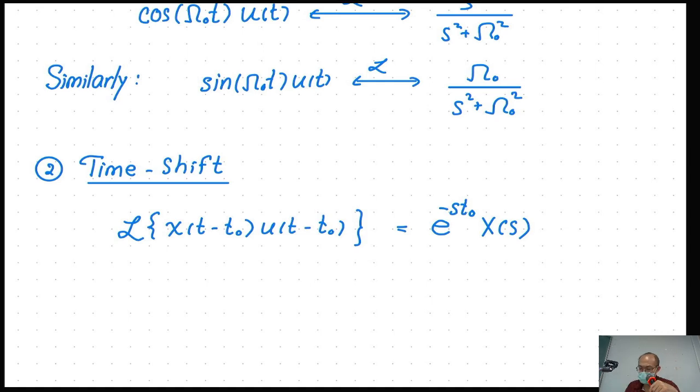Whenever you do a time shift in the time domain, in the s domain you multiply by this exponential.